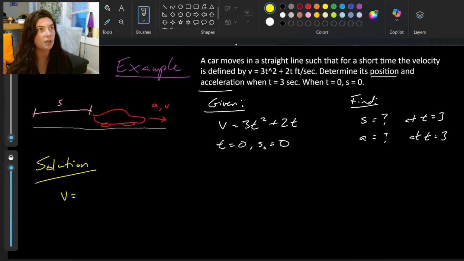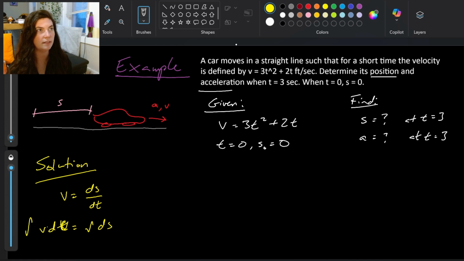So we have velocity is ds dt, the derivative of position with respect to time. So we know that if we integrate our ds, v dt, so just rearranging this equation, v dt equals ds.